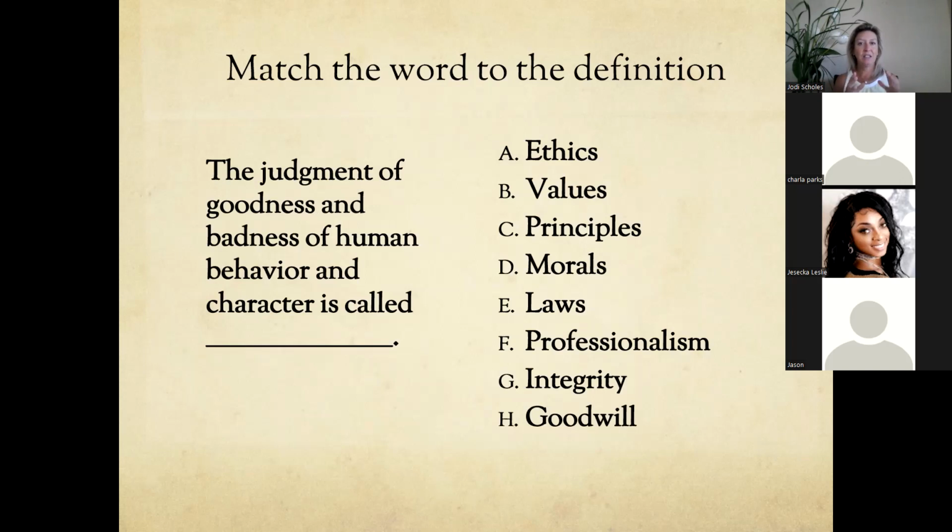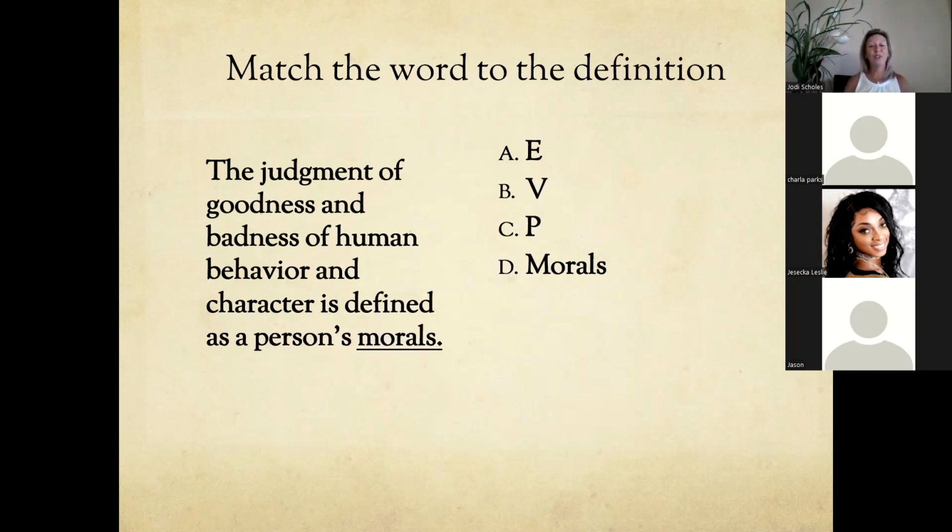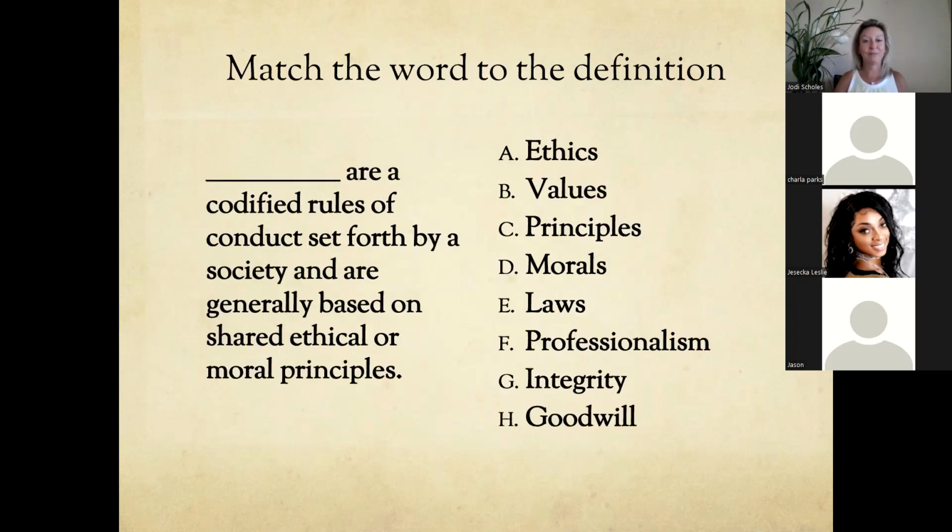Good and bad directly relate to this particular word. And that's how maybe we can remember it. Okay, what do you think? I love it. Jessica, yes. Morals, the judgment of goodness and badness of human behavior, is defined as morals. And I think that's the easiest way to remember it.